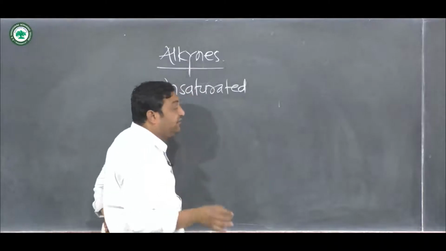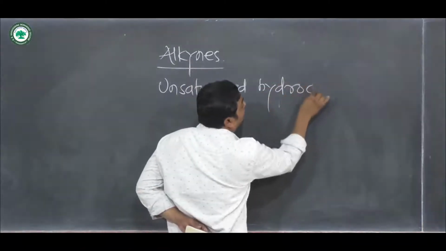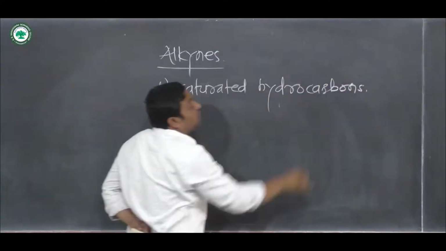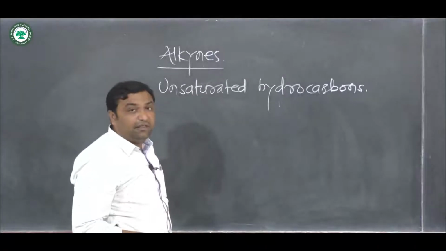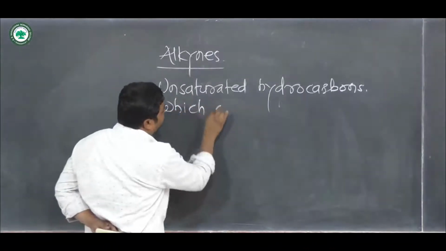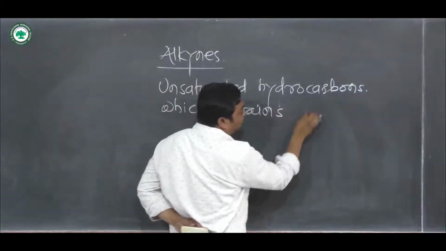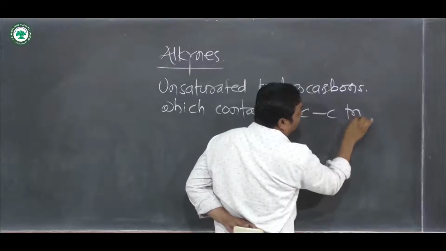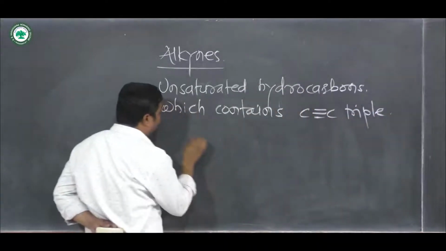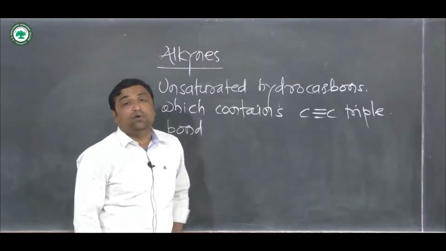That's why it is an unsaturated hydrocarbon, which contains a carbon-carbon triple bond. This is the simple definition of alkyne.